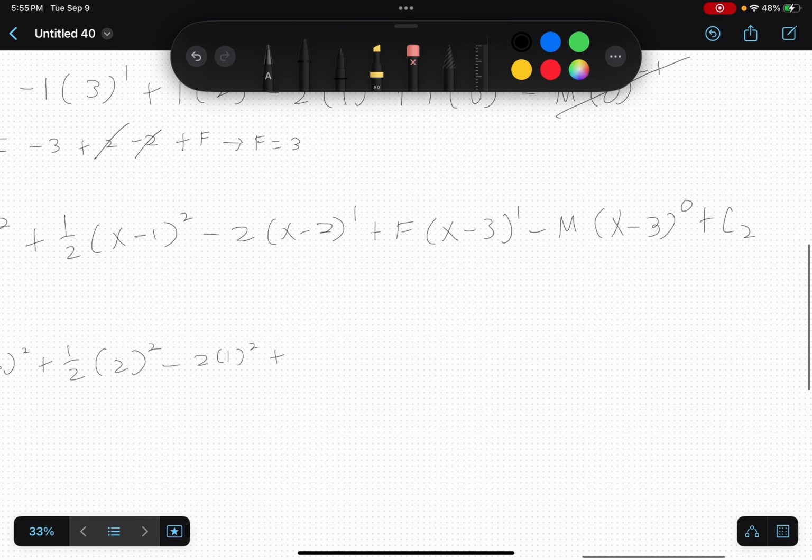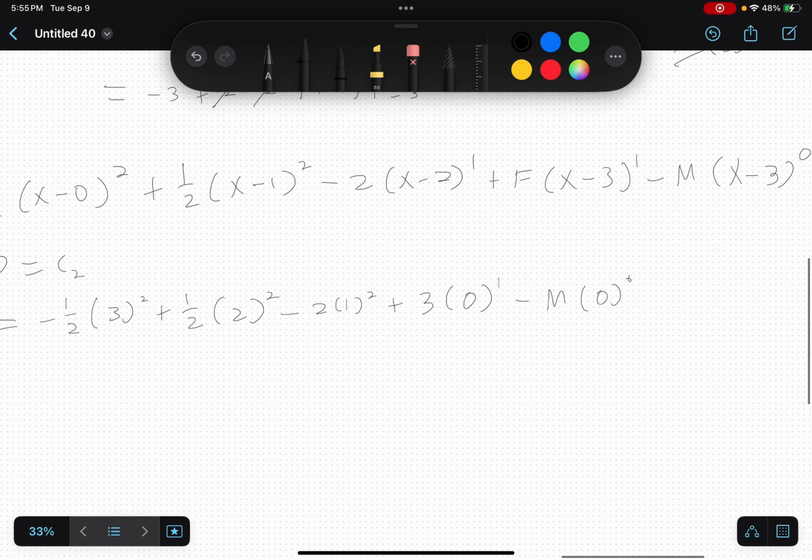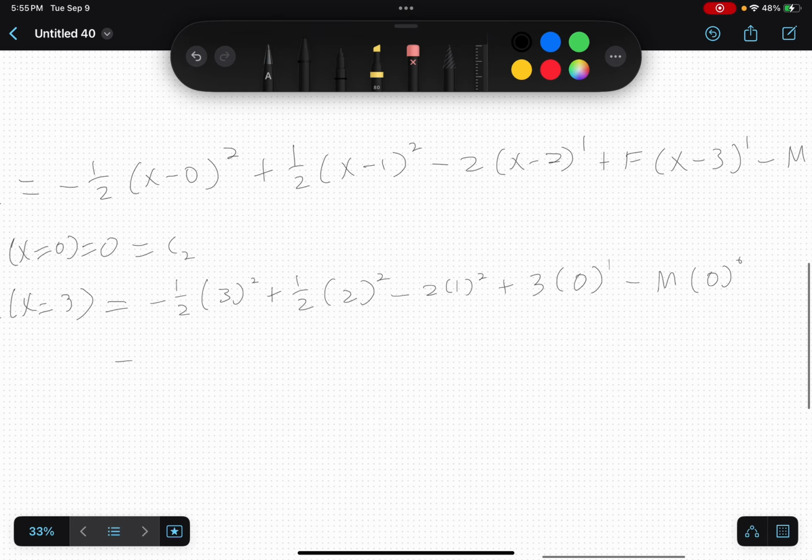What do we get for f? We got 3. Okay, so we get negative 9 over 2, which is 4.5, plus 2 minus 2. 0 to the 1 is 0.